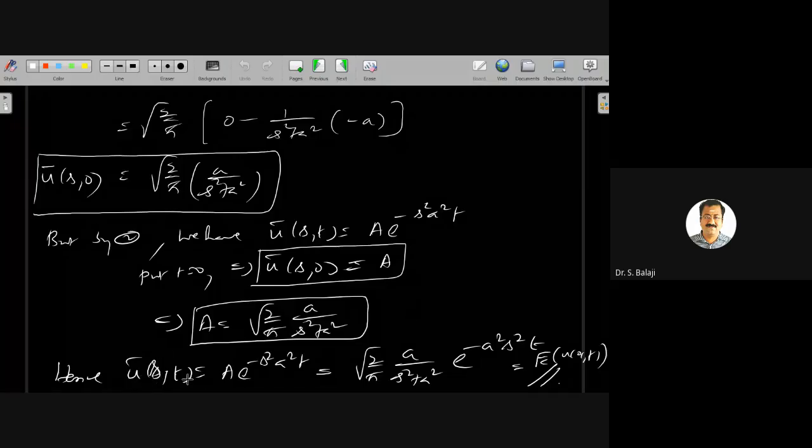Hence u bar s comma t is equal to A e power minus s square a square t, and that comes as root of 2 pi by a by s square plus a square e power minus s square a square t. This is u bar s comma t.